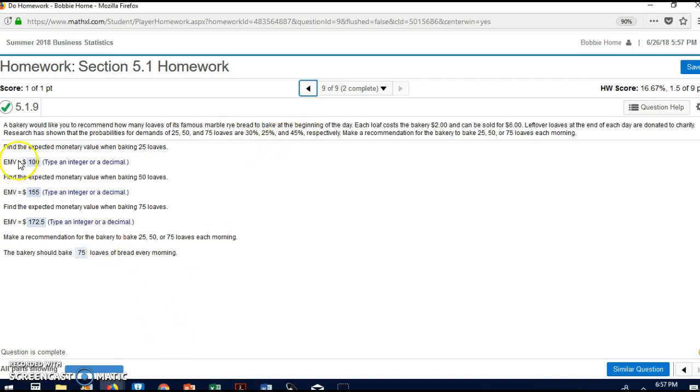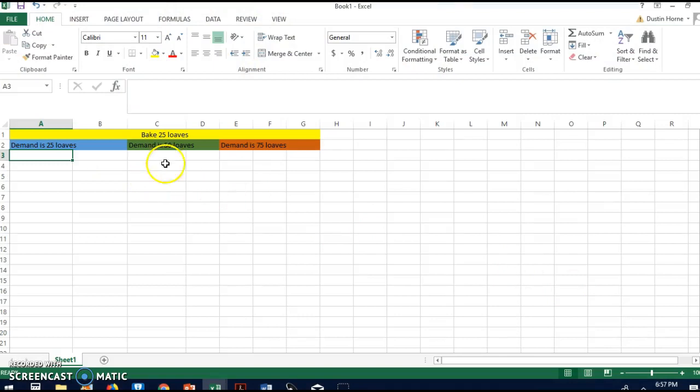So the first thing we want to do is find the expected monetary value when baking 25 loaves. So let's just think about it for a second. If I bake 25 loaves and my demand is for 25 loaves, how much am I going to make? The expected monetary value would be how much I'm going to profit from making the 25 loaves.